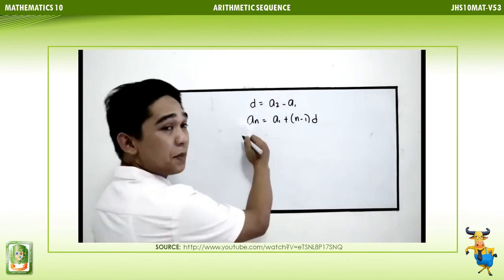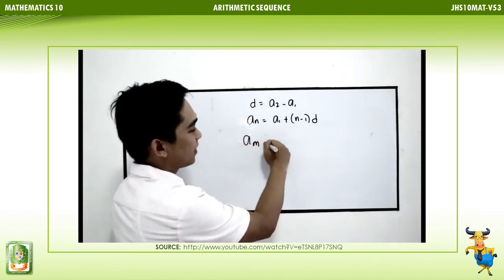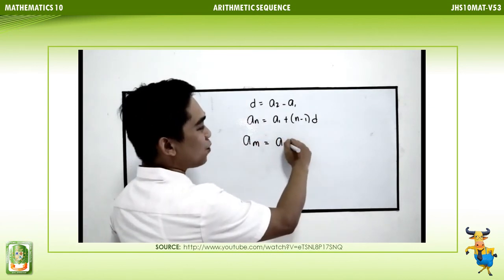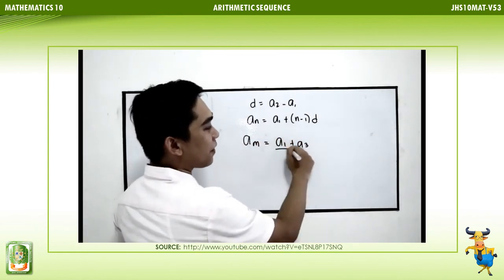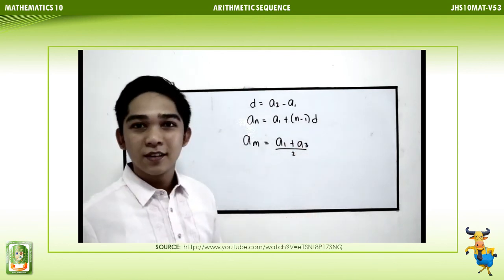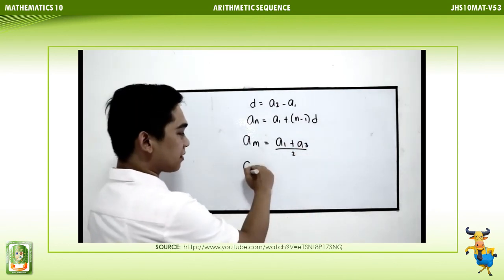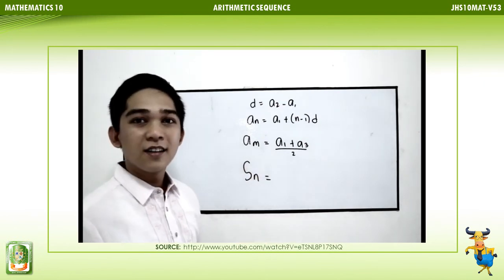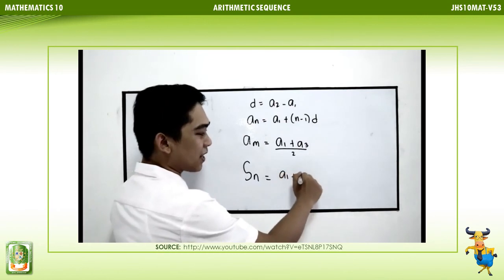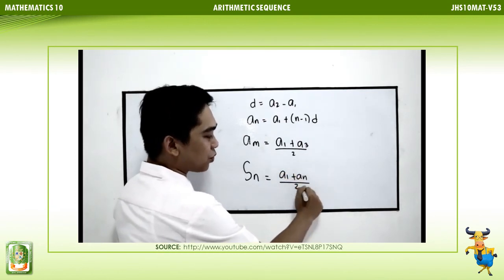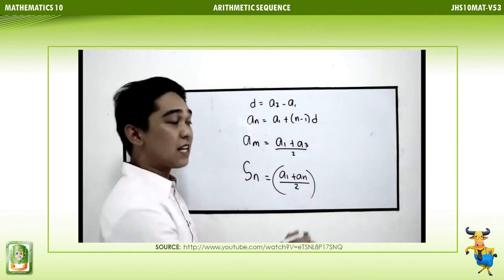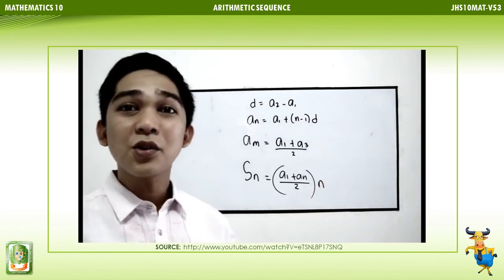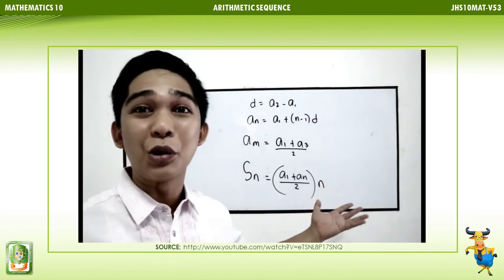And for the arithmetic mean, that is A1 plus A3 divided by 2. And for the arithmetic series, SN is A1 plus AN divided by 2 times the number of terms, N. So those are the different formulas that we're going to use.